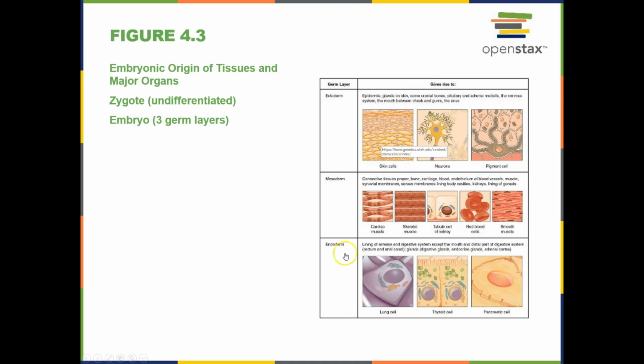So each of these layers, ectoderm cells, mesoderm cells, and endoderm cells, are considered pluripotent stem cells that can still differentiate into different types of cells, but they are on a track to becoming one of a few given cells.